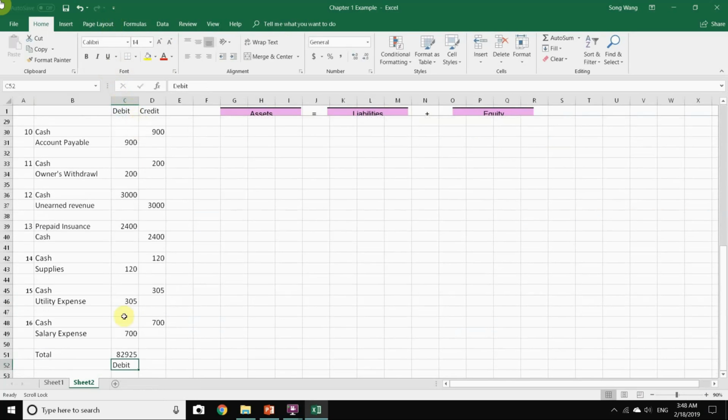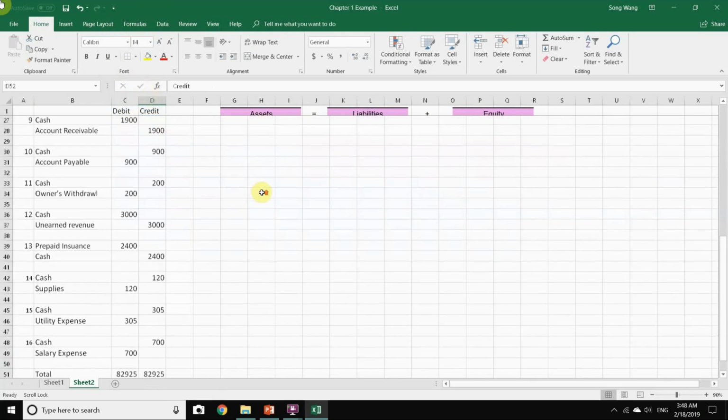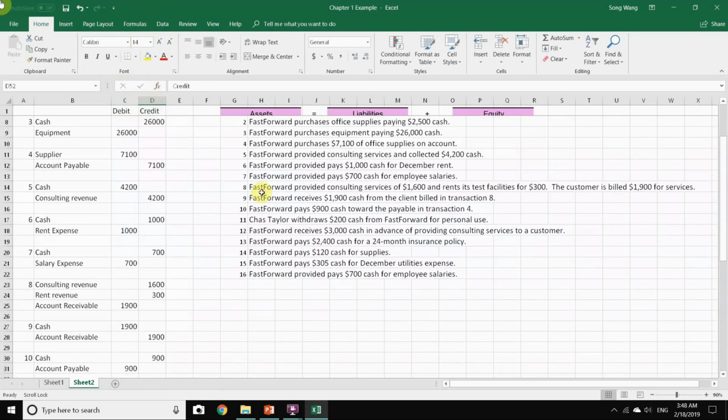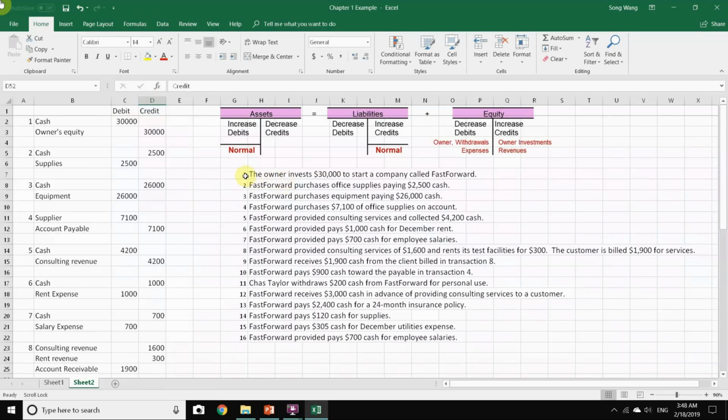Hit enter. And my credit is the sum of all the numbers above. And just exactly the same amount. So now I have finished recording the transactions. So let's just worry about the journals.